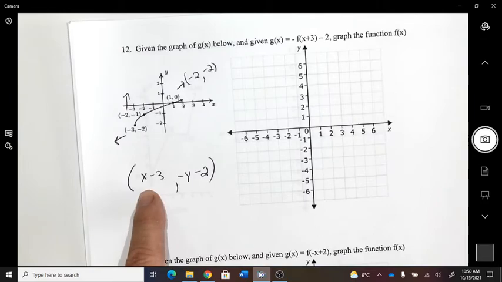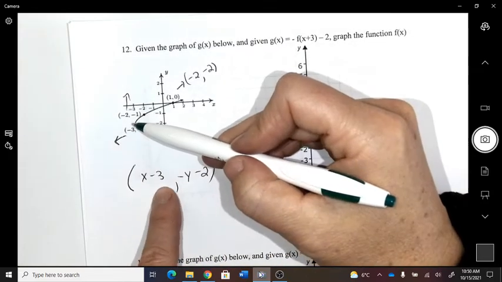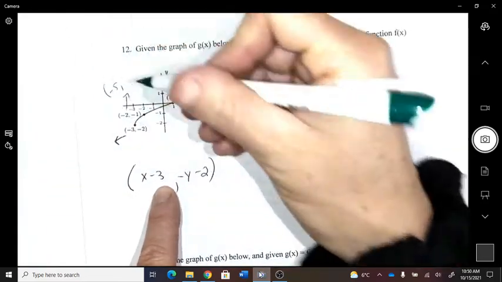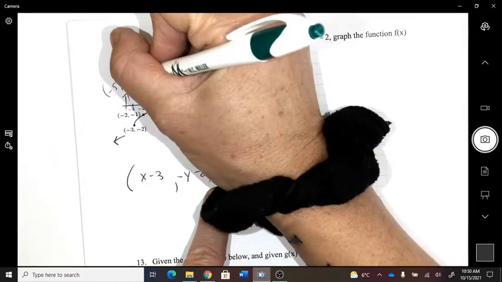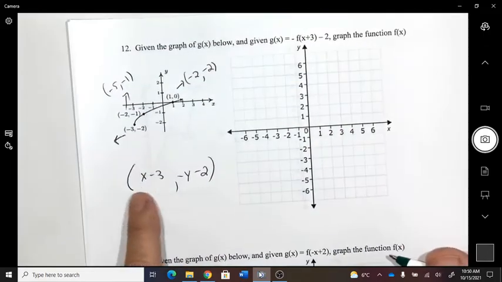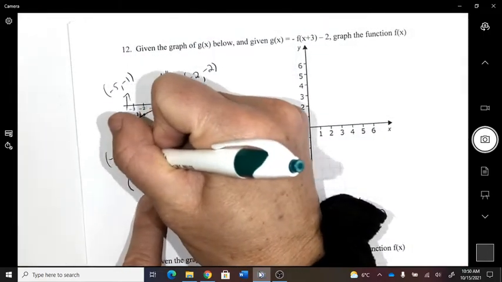Okay, the next coordinate is going to become negative 5, positive 1, subtract 2. And then can you write the last one yet?